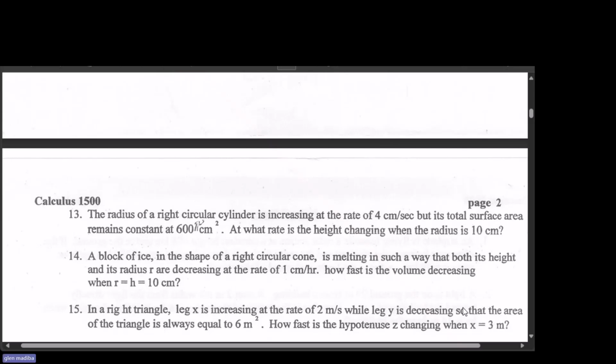What is the formula for the area of a triangle? Half base times height. In this case, we know the area is 6. Do we agree? Yes, sir. 6 equals half times xy. Do we agree? Yes, that's why it's 12.